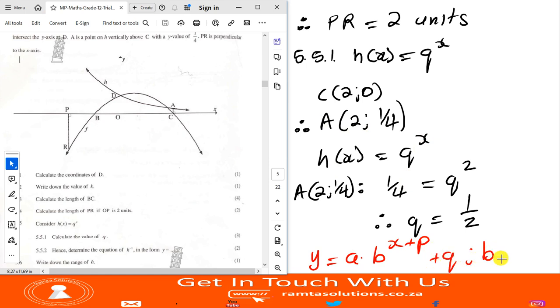So b must be greater than 0 and it must not be equal to 1. This is why q must be half. I don't have to say plus minus because it doesn't work for a negative.